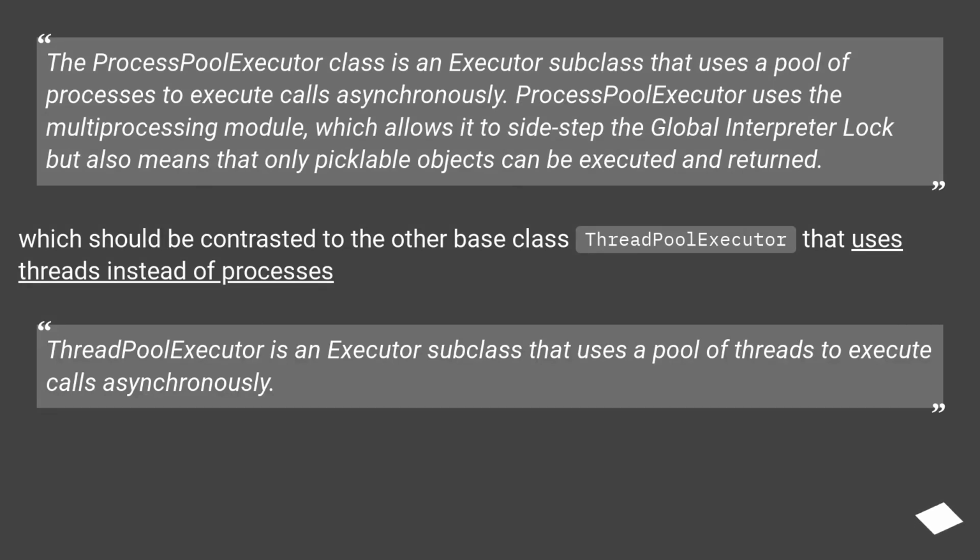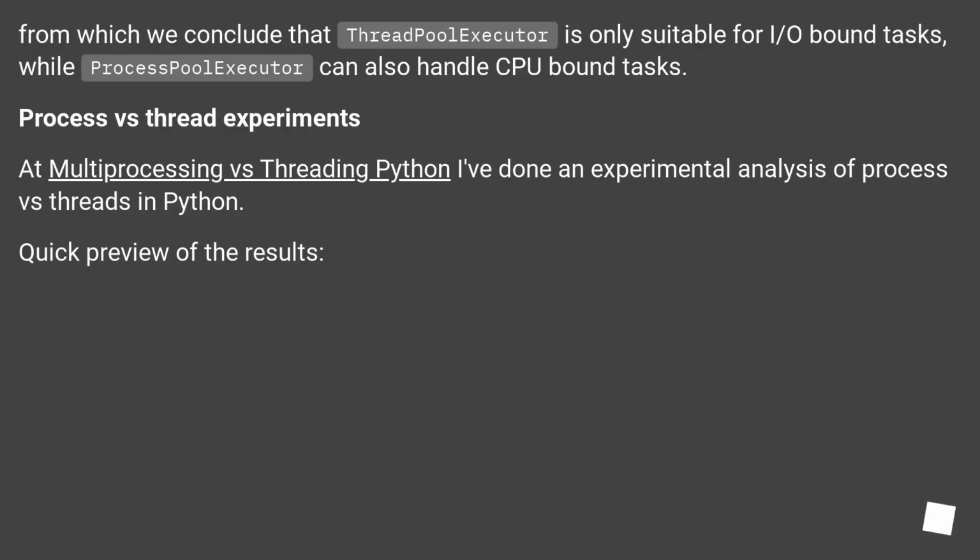ProcessPoolExecutor uses the multiprocessing module, which allows it to sidestep the global interpreter lock, but also means that only picklable objects can be executed and returned, which should be contrasted to the other base class, ThreadPoolExecutor, that uses threads instead of processes. ThreadPoolExecutor is an Executor subclass that uses a pool of threads to execute calls asynchronously. From which we conclude that ThreadPoolExecutor is only suitable for I/O-bound tasks, while ProcessPoolExecutor can also handle CPU-bound tasks.